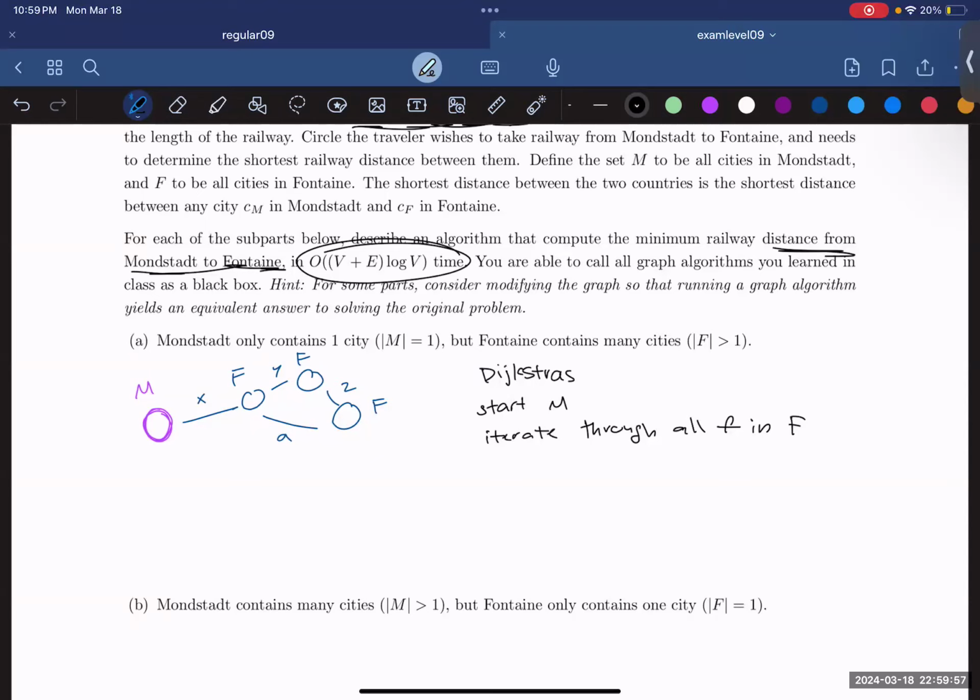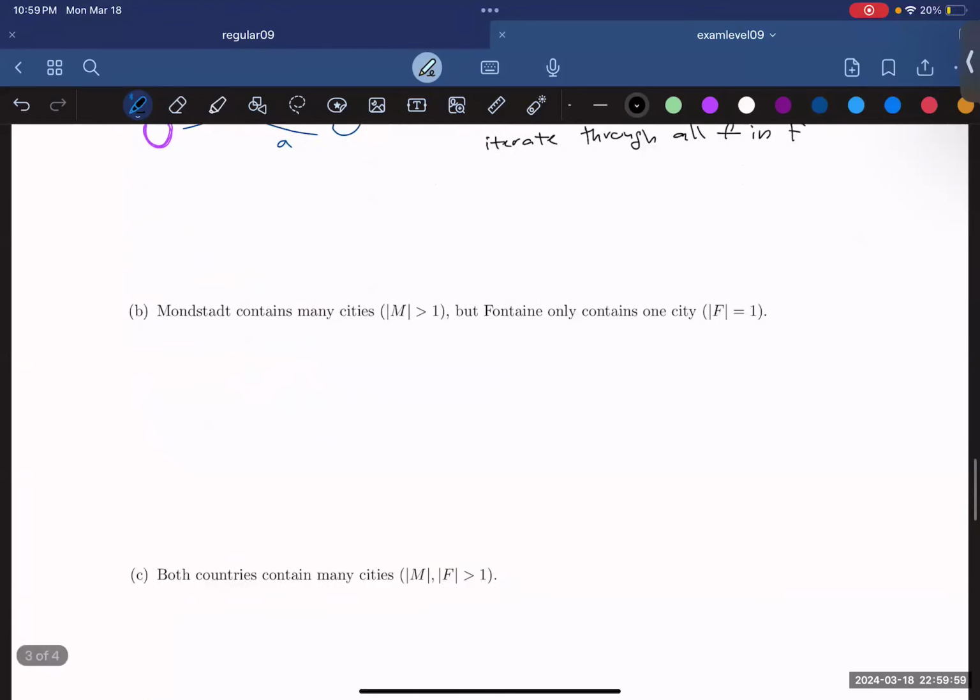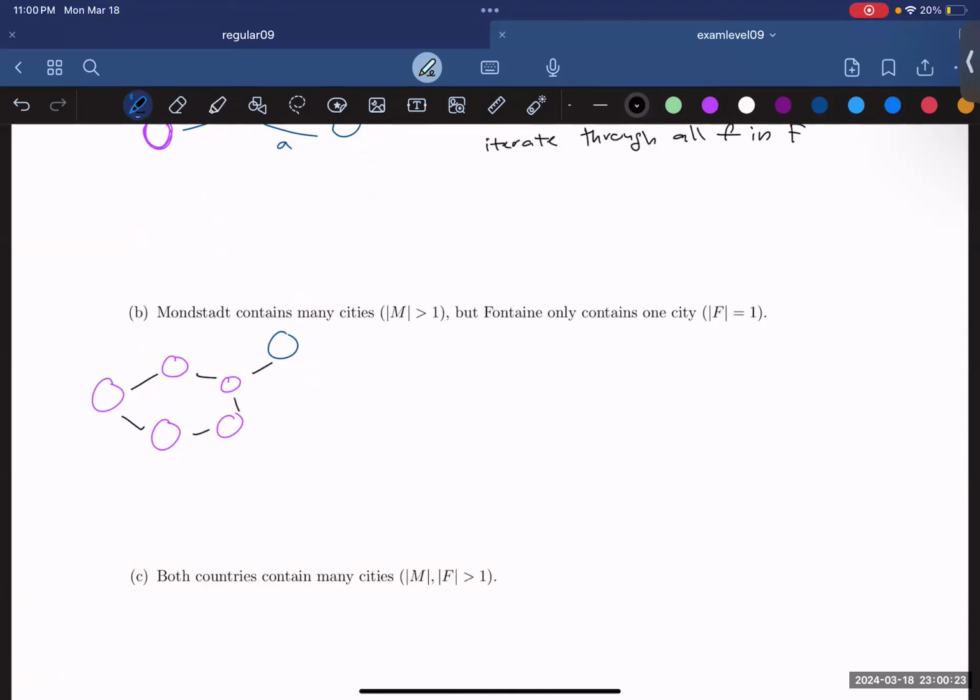The next problem is where Mondstadt contains many cities, but Fontaine only contains one city. So this is basically flipped from the original one. We have many cities in Mondstadt, and we have one city in Fontaine, and these are connected, let's say like that.